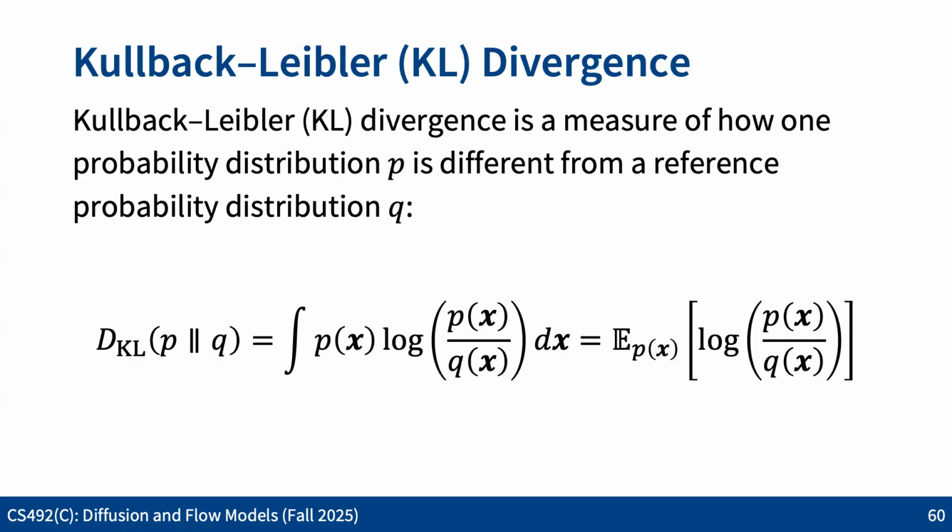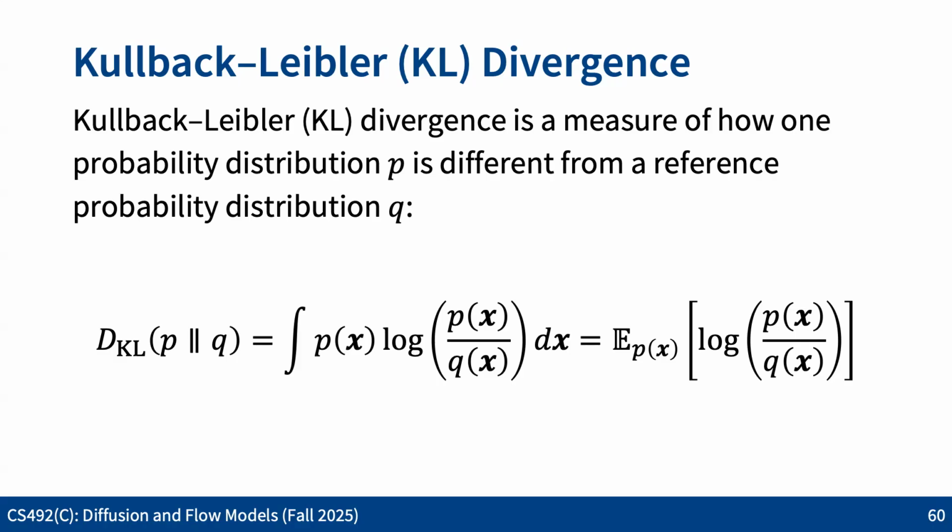And the Kullback-Leibler divergence. This is all about measuring how much the given probability distribution p is different from some kind of reference distribution q here. So it's some notion of distance between the two probability distributions, but actually it's not a distance because it's not symmetric.